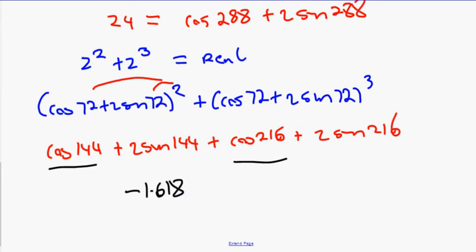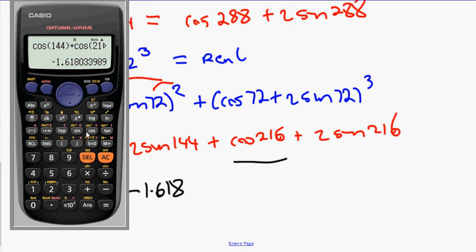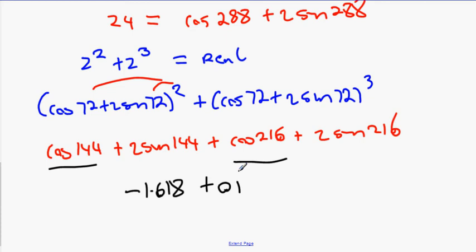Then the next one is sine 144 plus sine 216. What we get there is 0. So we can see that this here is a real number because it just has a real part and no imaginary part.